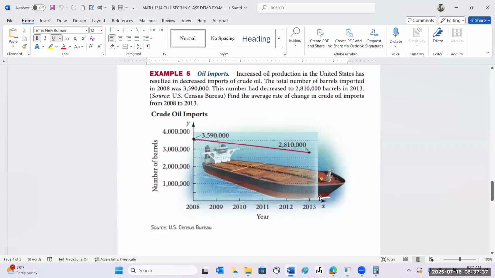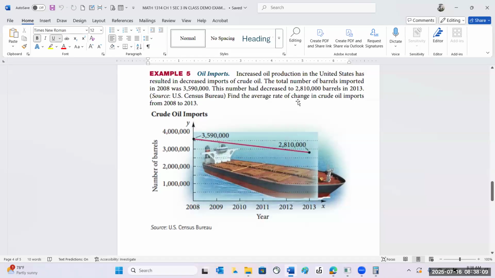Oil imports. Increased oil production in the United States has resulted in a decrease of import of crude oil from around the rest of the world. This is example 5. The total number of barrels imported in 2008 was 3,590,000 barrels.